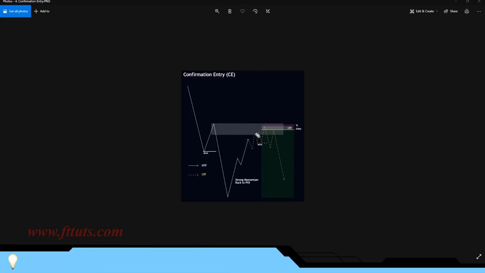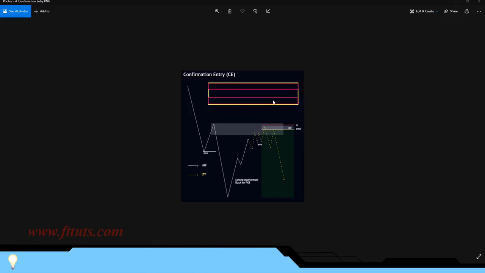And of course, it is also best used when there are multiple points of interest on the higher time frame to consider. So again, if let's say your order block was quite large on the higher time frame, we could potentially have an order block on the lower time frame over here and another one down there.